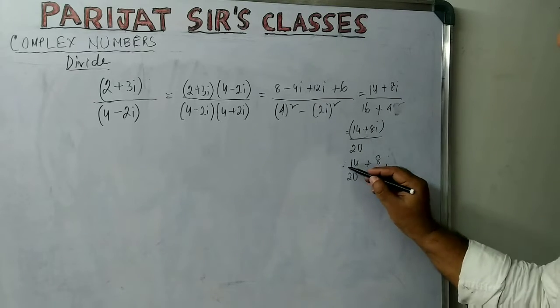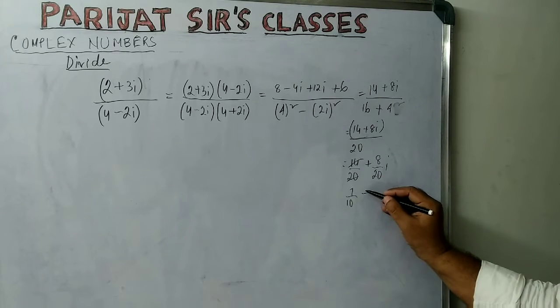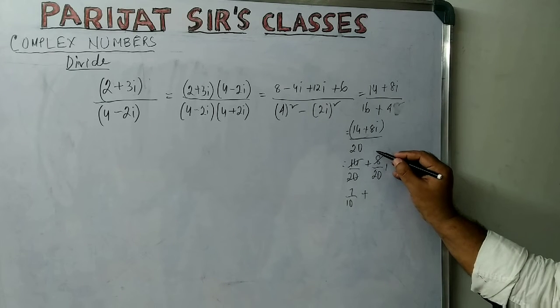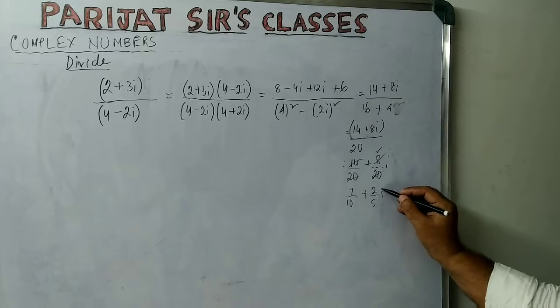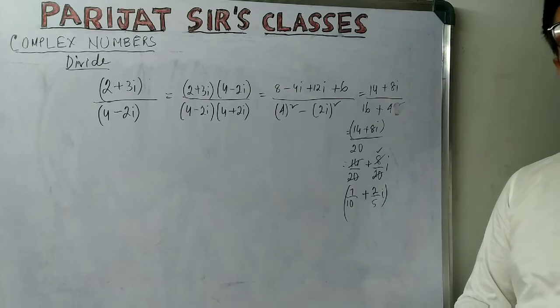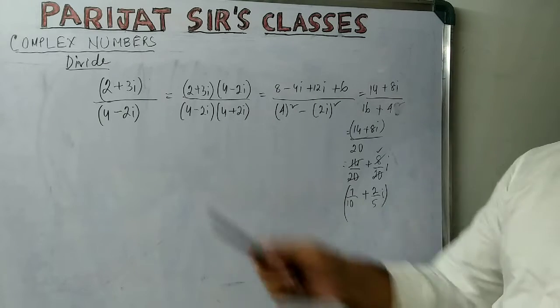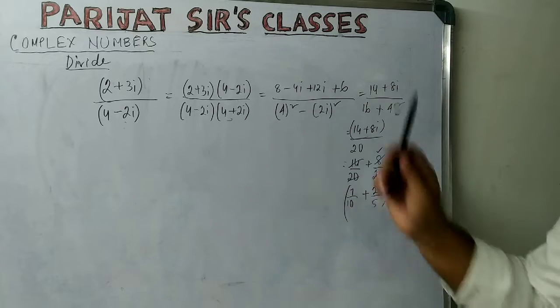So we can make it more simplified. That is 7 by 10 plus, this is 4 2s are 8, 4 5s are 20, so 2 by 5i. So this is the answer of the complex number. So this is how we divide two complex numbers. That is, just multiply with the opposite sign up and down. Multiply here.